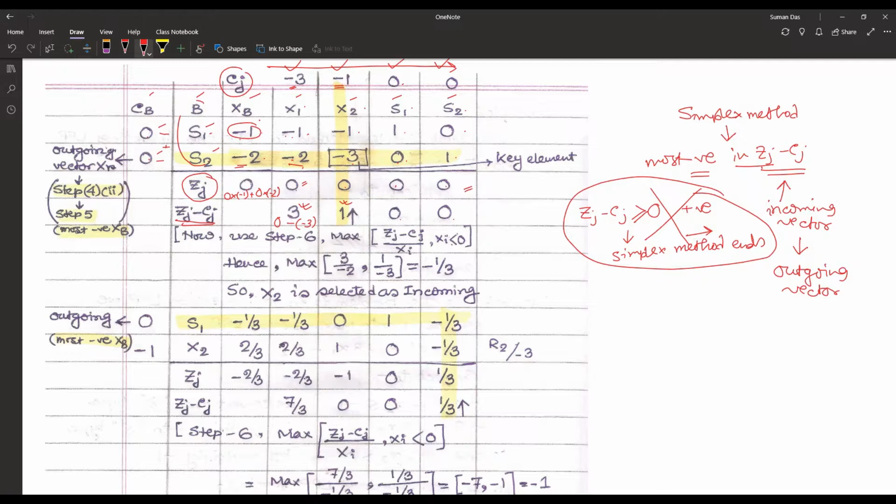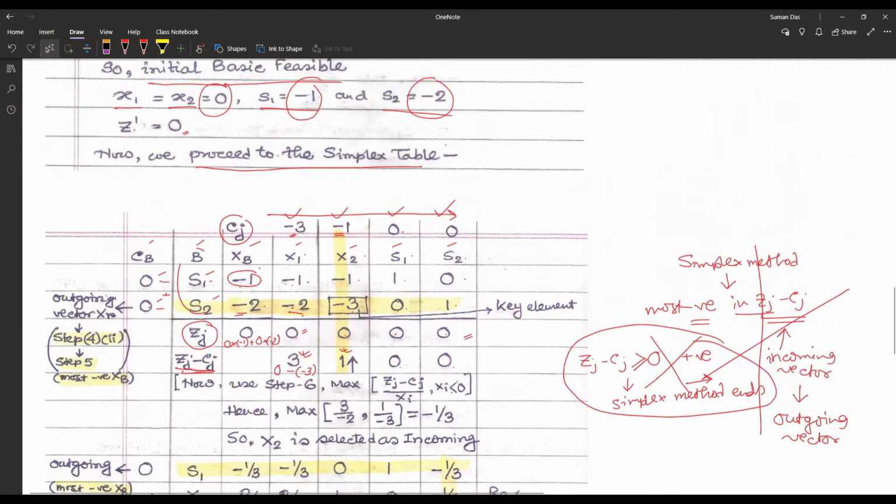But in the dual simplex method, that is not the case. So up to now, we have found Zj minus Cj all are positive, +3, +1, 0 and 0. So next we proceed to step 4.